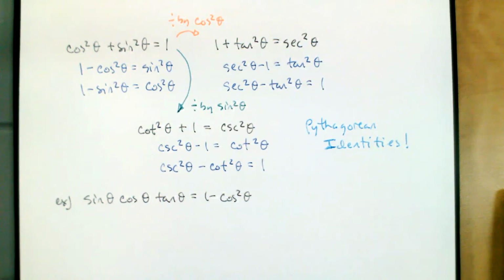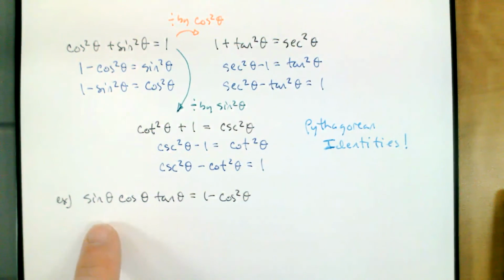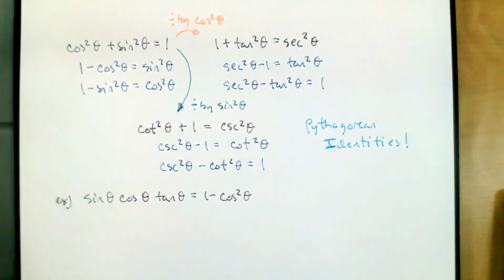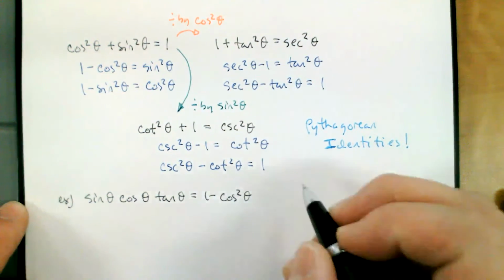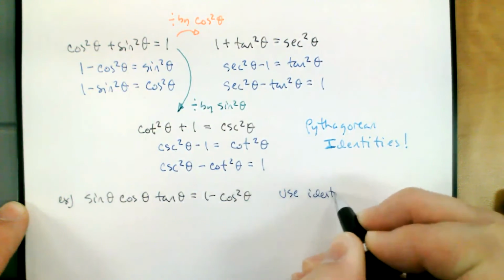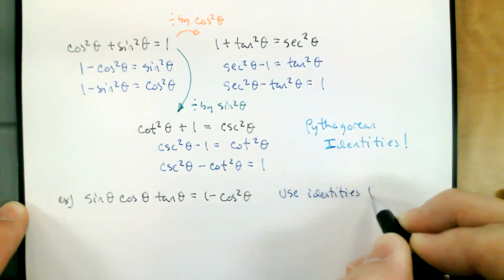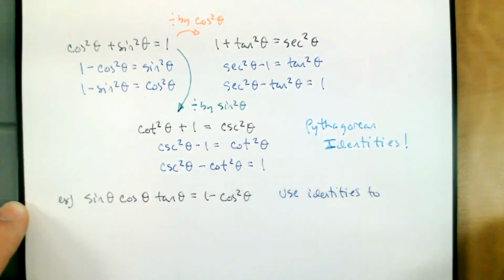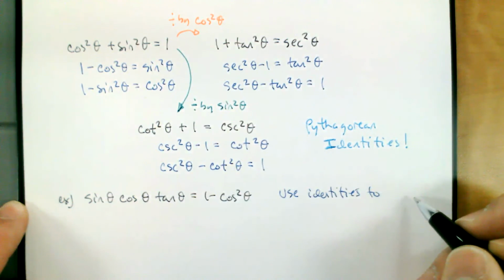All right, so the idea is I'm going to start replacing stuff on one side of the equation. I'm going to rewrite one side of the equation to make it look like the other side. So our strategy is to use identities to rewrite one side of the equation into the other side.